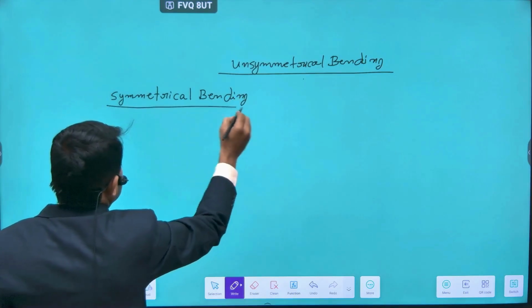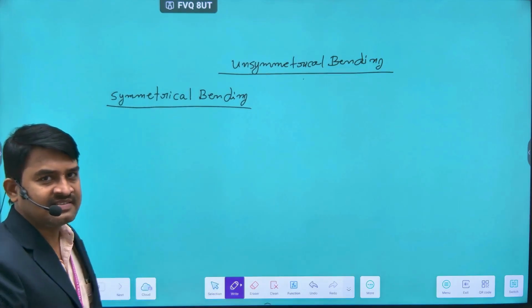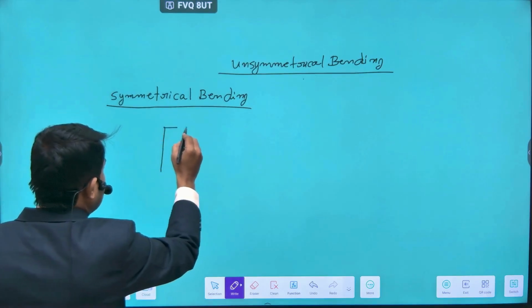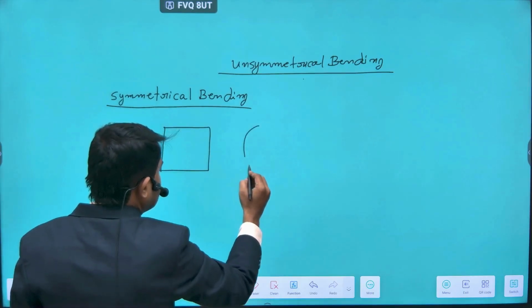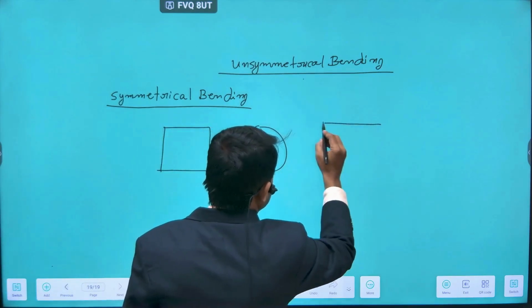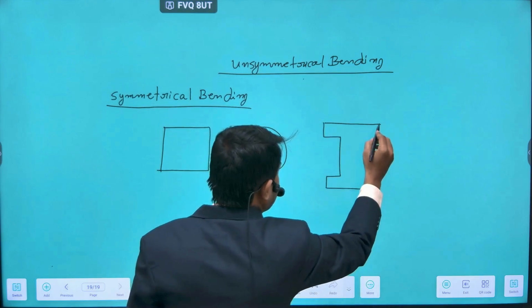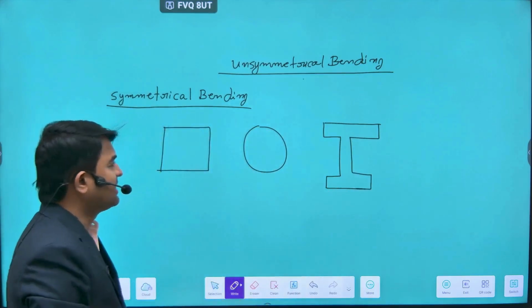Okay. So symmetrical bending is nothing but, in case of symmetrical sections, the symmetrical sections are either a rectangle or a circular section or a symmetrical I section, which come under the concept of symmetrical bending.